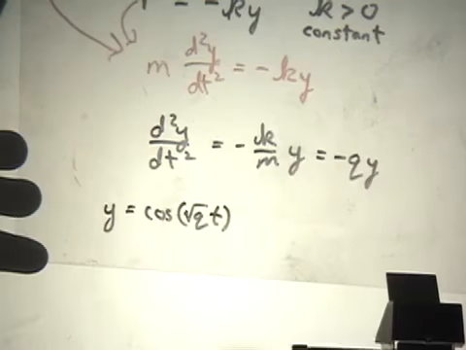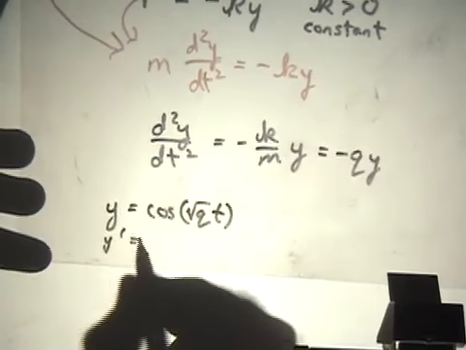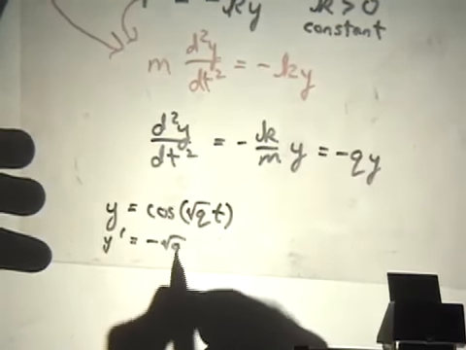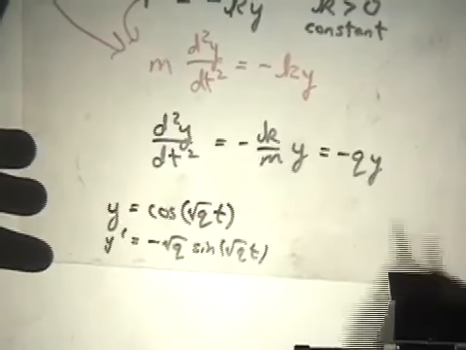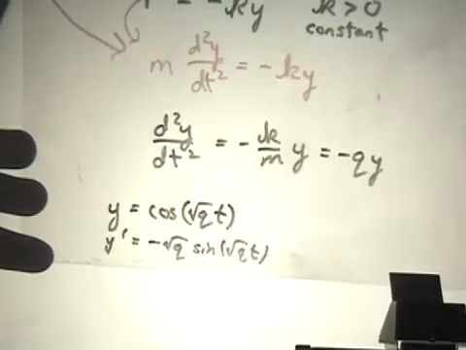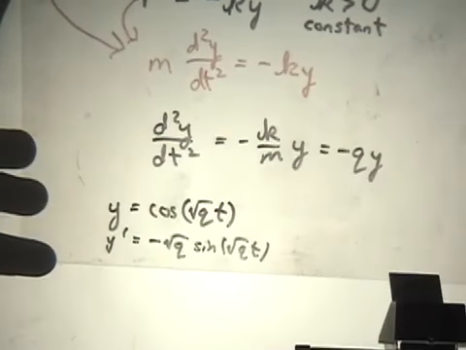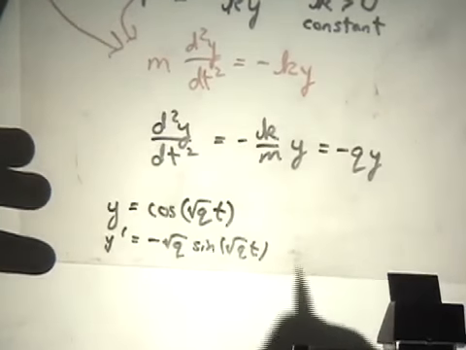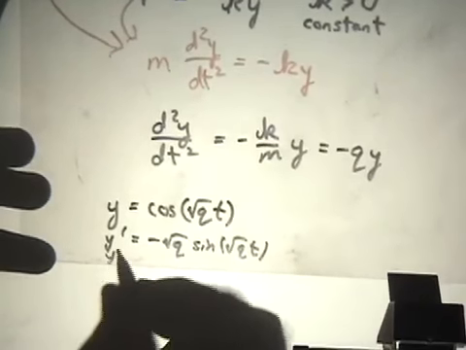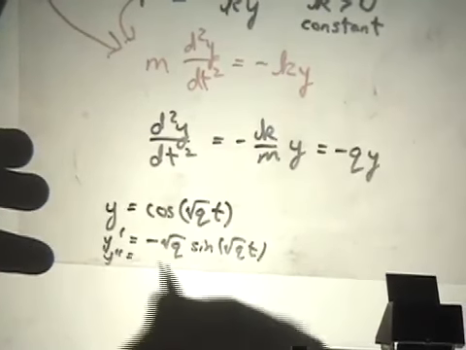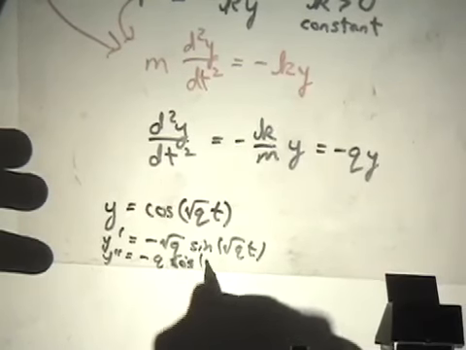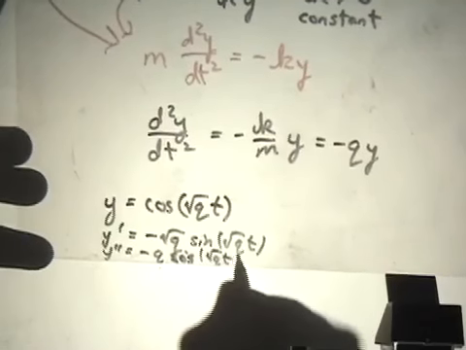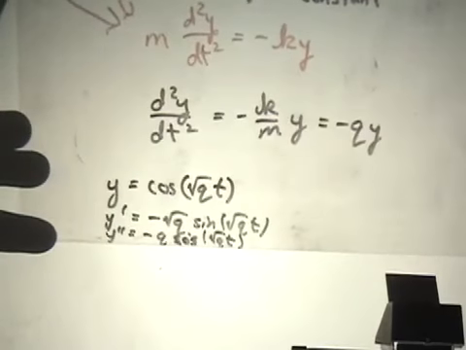When you take the derivative of this, y prime will be negative square root of q sine of square root of qt. And q is positive here since it's k over m, and those are both positive. And for the second derivative, I'm going to get another factor of square root of q, giving me negative q cosine of square root of qt. Negative q times the original function.